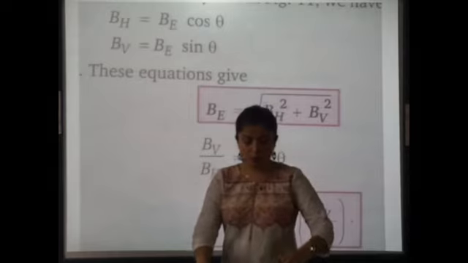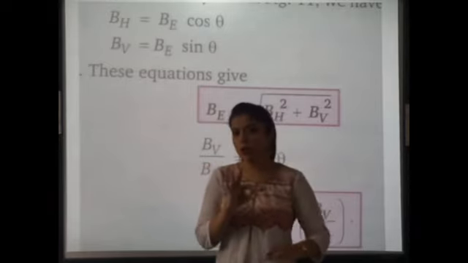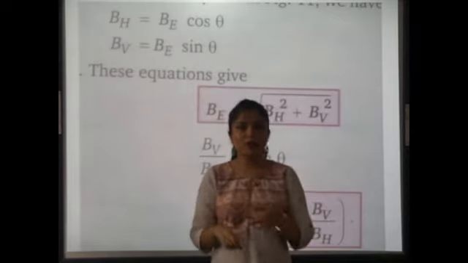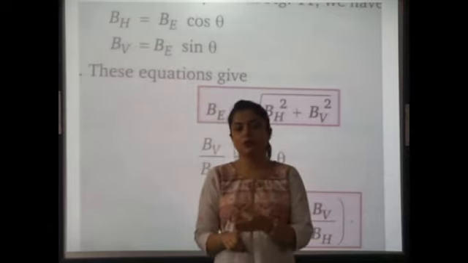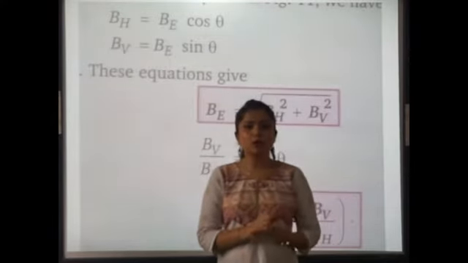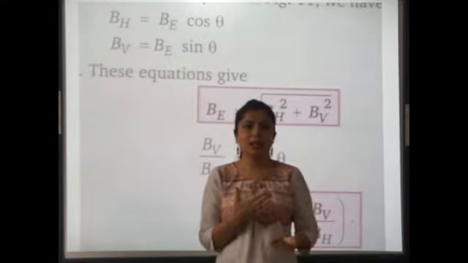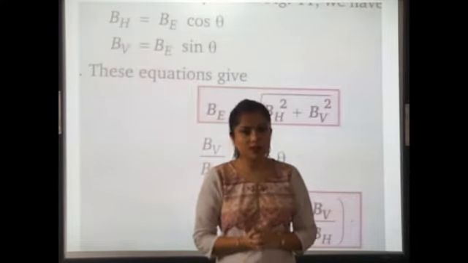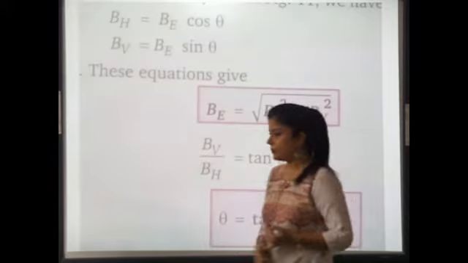Now why this is important is, with the three components of the Earth's magnetic field, that is angle of declination, angle of dip and horizontal component of the Earth's magnetic field, if you know these three values, then we can easily find the magnetic field at any point on the Earth. The only difficult part is the angle of dip.